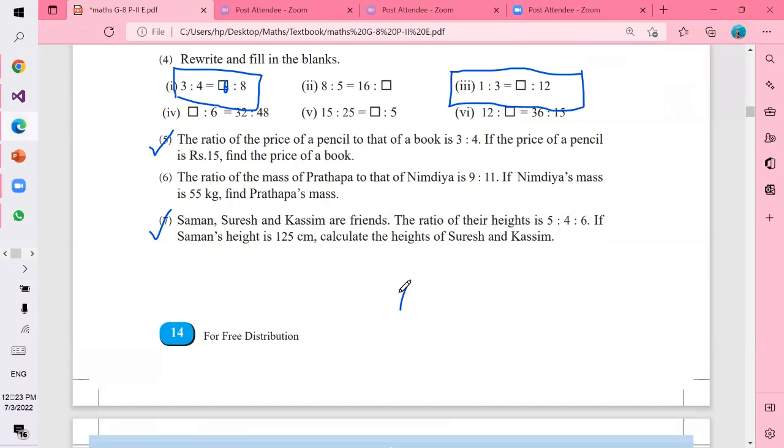That means the price of a pencil to that of a book is 3 to 4. So they are asking if the price of a pencil is rupees 15, how much is it of a book?